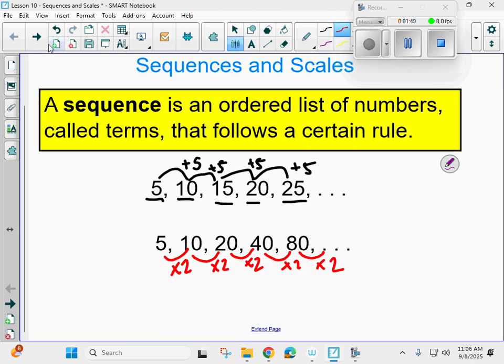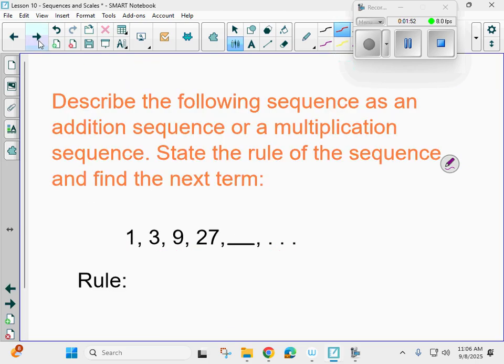Describe the following sequence as an addition sequence or a multiplication sequence. State the rule of the sequence and then find the next term. They are going to ask you to state the rule a lot and then find the next term. The rules in those other ones were add 5 and multiply by 2. Does anyone know what we are doing in this problem, Sasha? I agree.